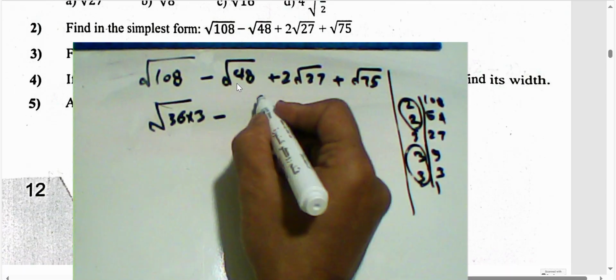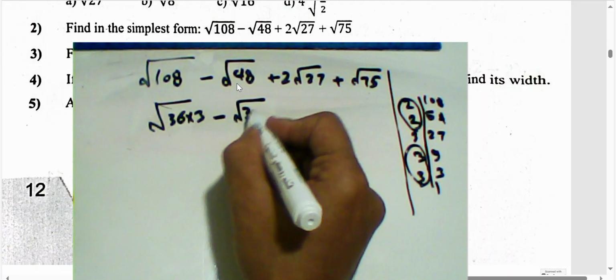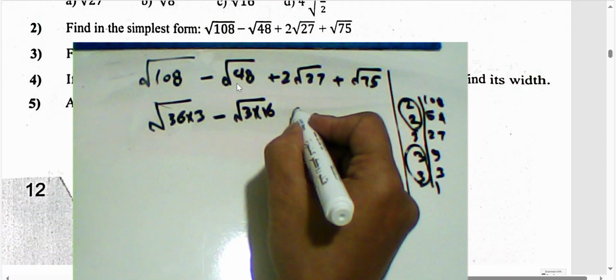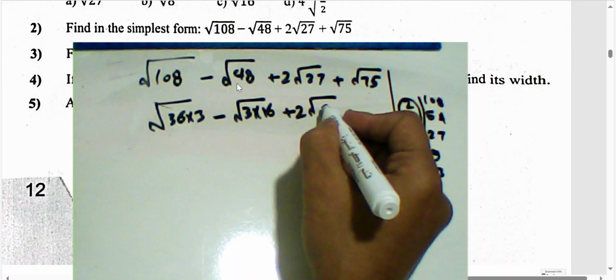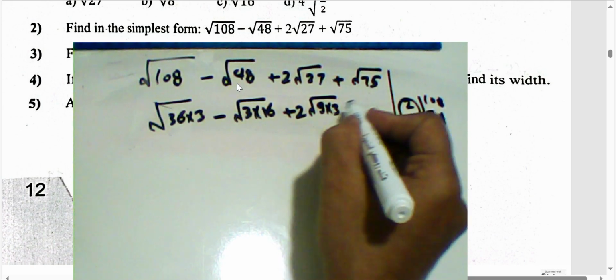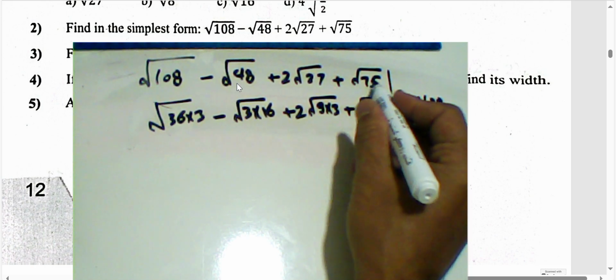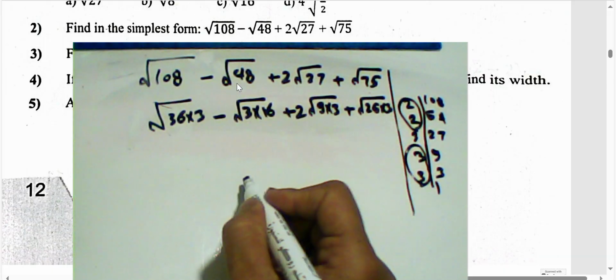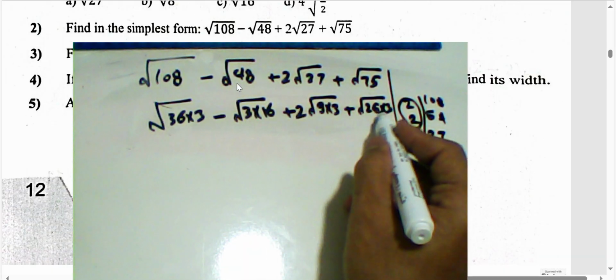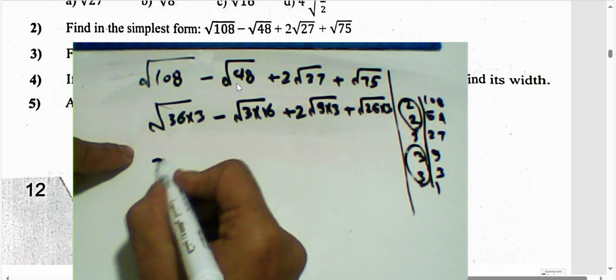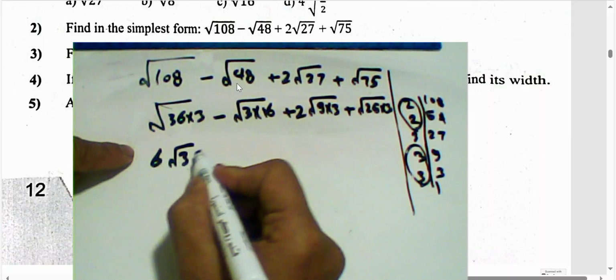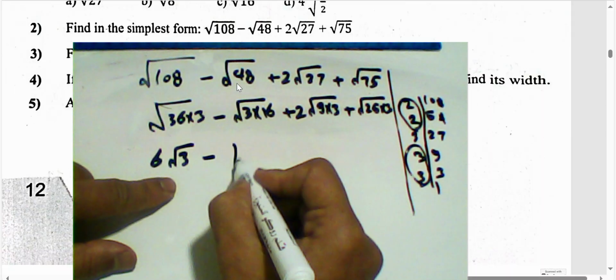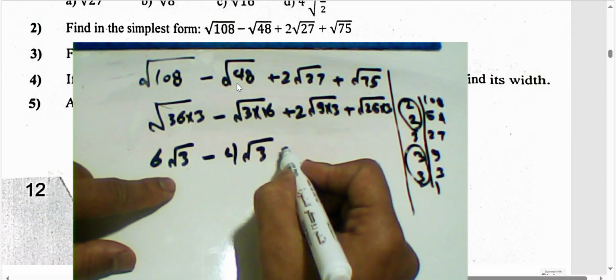Then square root of 48 equals square root of 3 times 16. Square root of 27: 27 equals 9 times 3. And square root of 75 equals 25 times 3. Square root of 36 equals 6, so 6 square root of 3, subtract square root of 16, which is 4, square root of 3.